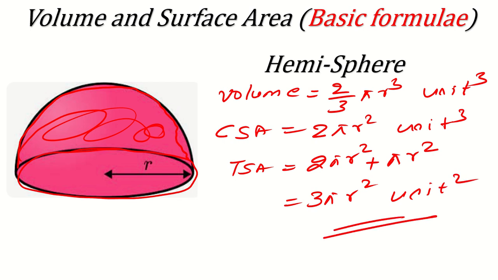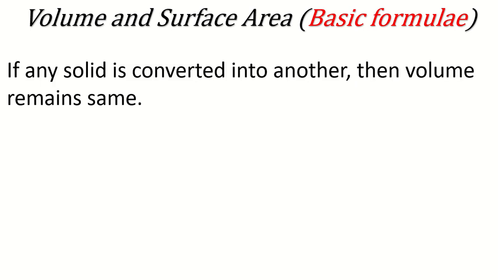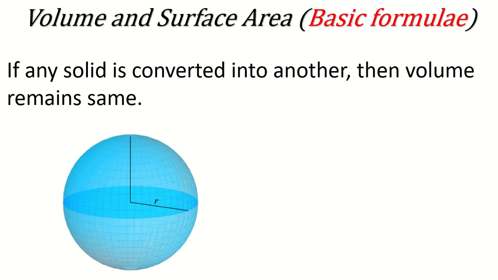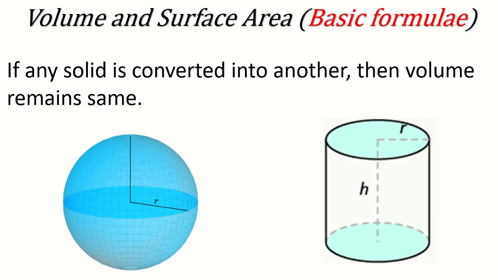Now next, this is very important for some questions. You see this point, if any solid is converted into another, then volume remains the same. For example, if this sphere is melted and recast into some cylinder, there can be a question. It is not necessarily a cylinder, it can be a cube, a cuboid, or anything. So if any solid is converted into another, what will remain the same? Volume.